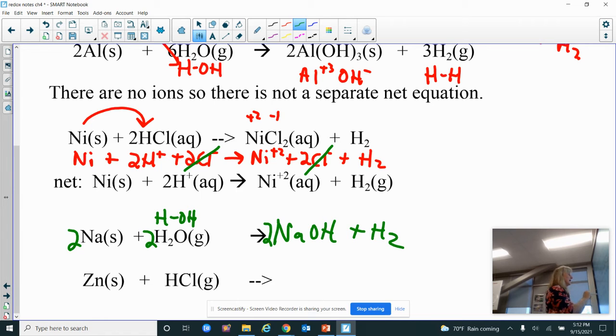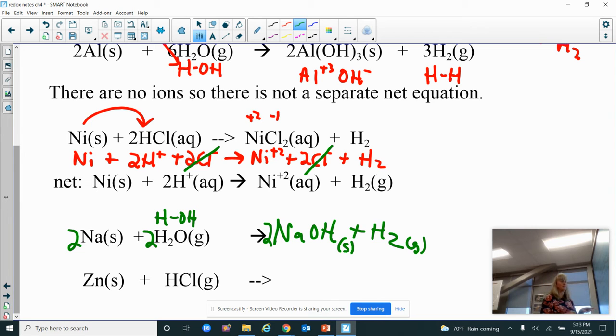So if it's a solid and a gas, then we would have this be a solid and a gas. If it's gaseous water, there's no liquid water around. You're going to get the metal turning into solid, and it won't be split into ions. But if this were liquid water, then the sodium hydroxide would be split up into ions.